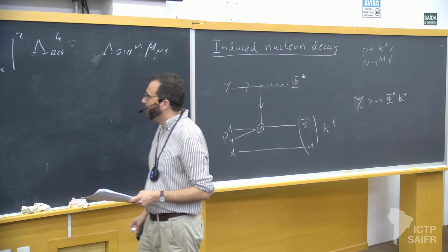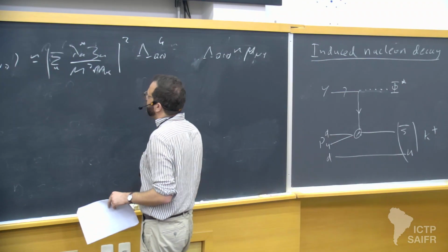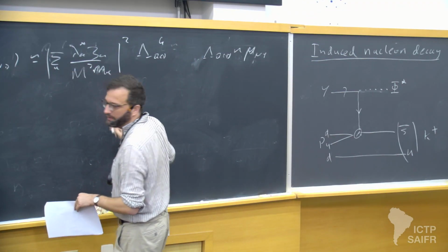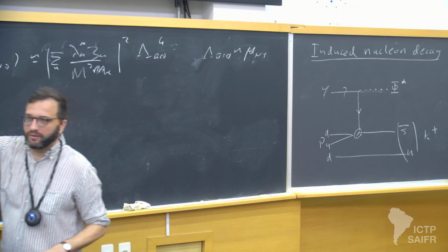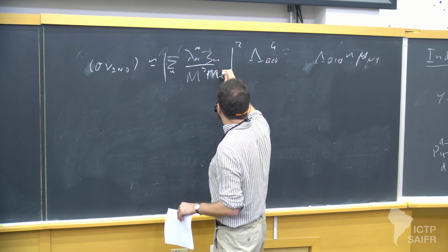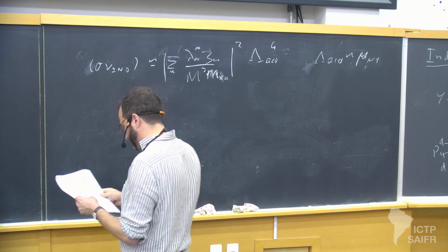Here, this is capital M coming from the vertex from the first operator there. And this is like the mass of one of these Dirac fermions, okay?